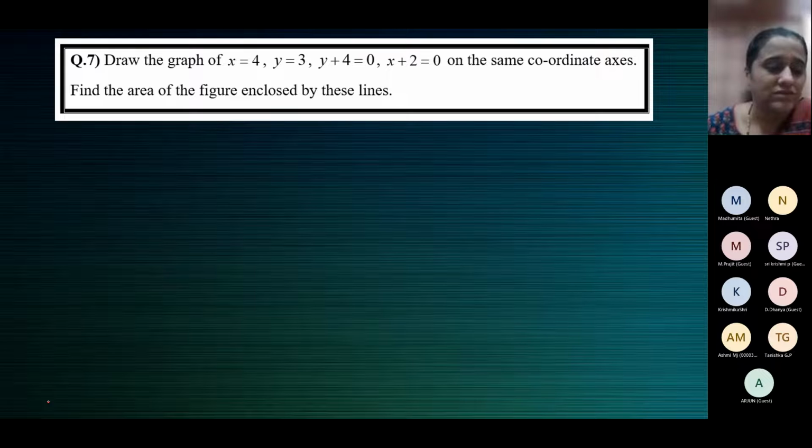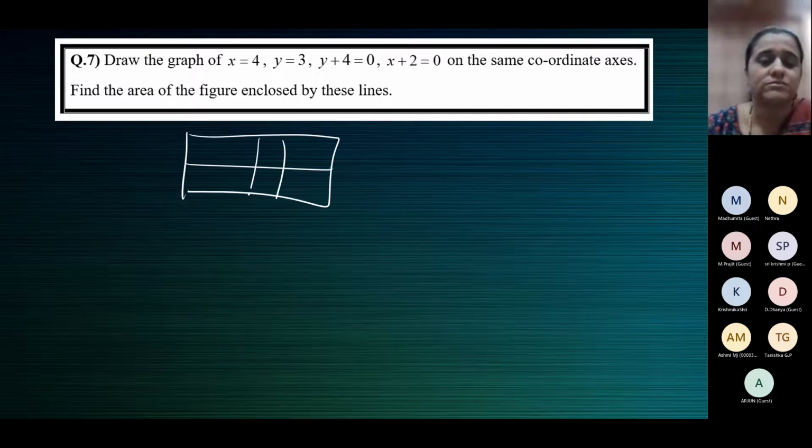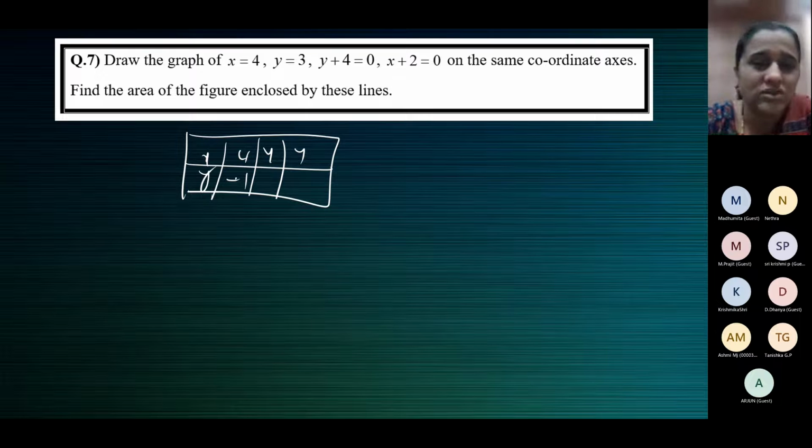So that is why we make an XY table. X is always 4 for any value of y. Now these are simply equations, right? They don't represent any situation. So you can take negative values. It's not about ages of some 2 people, or about the length and breadth.